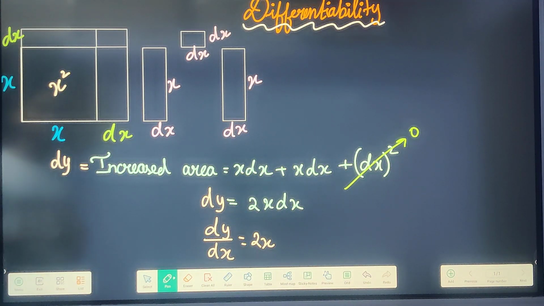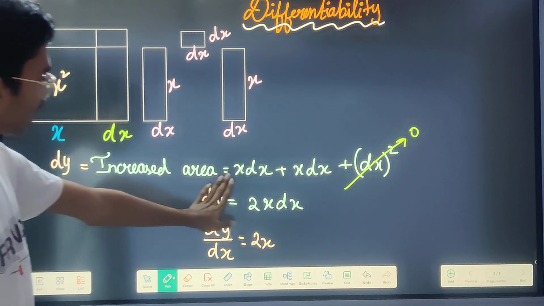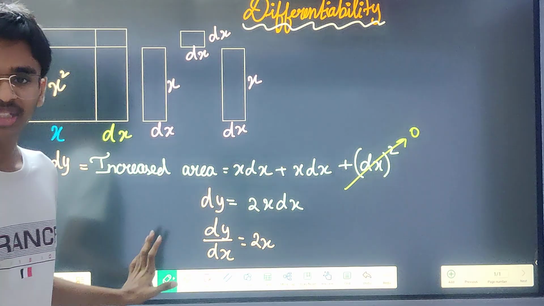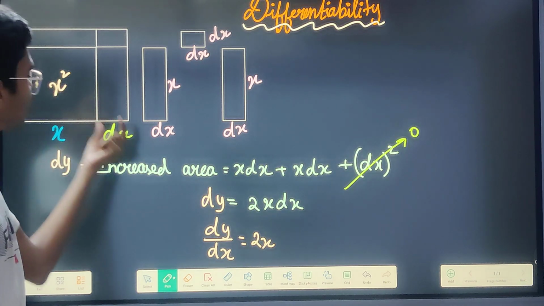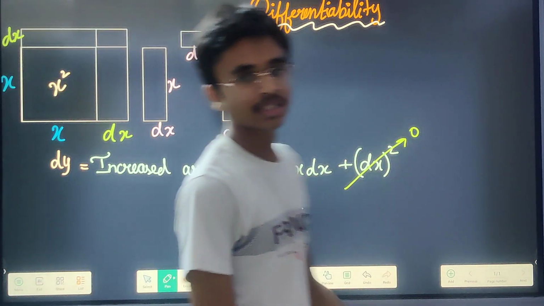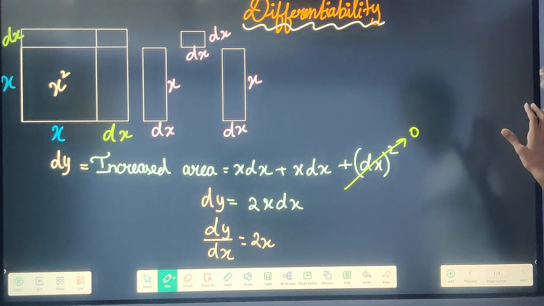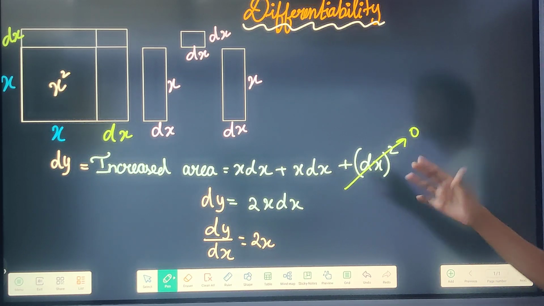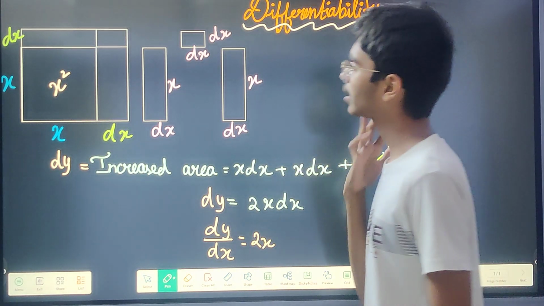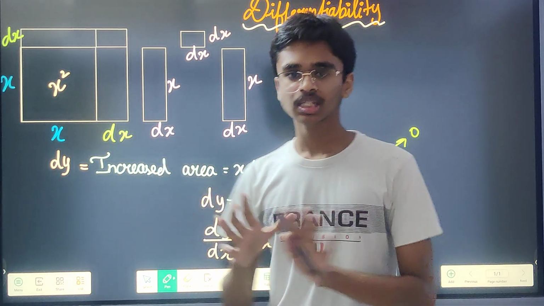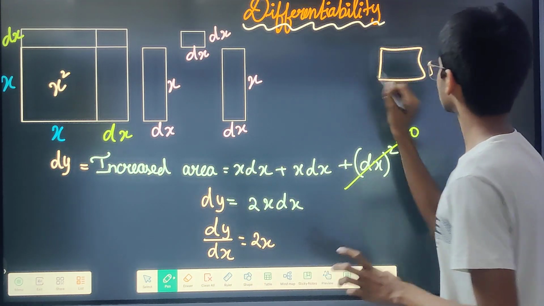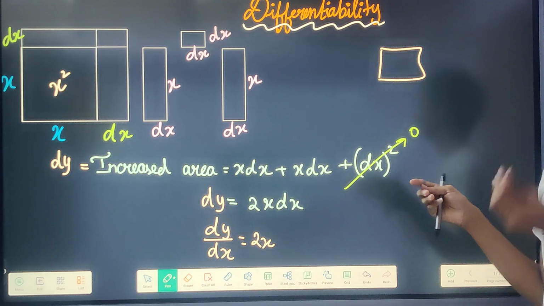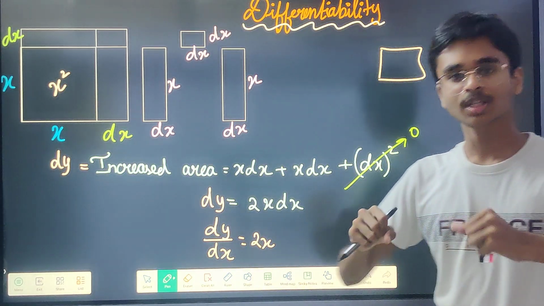So increased area is equal to x dx plus x dx. Now we have got it like this. So what does it mean? It means that this differentiability gives you the idea about how much change will be happening. See, for an example, let's keep that this is a square, and this square is very hungry and it is eating everything, so because of that it is becoming bigger and bigger.